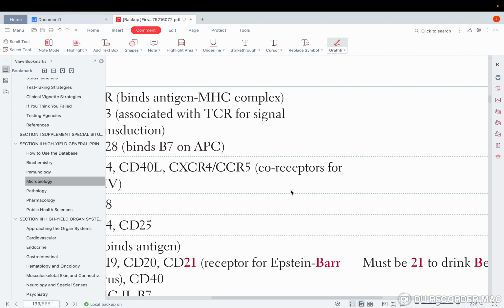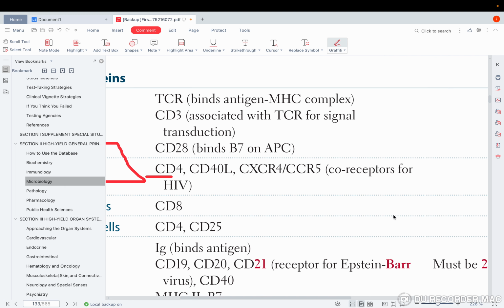Keep in mind that this CD4, yep, the HIV receptors, how the HIV goes and binds to the cells using CXCR4 and CCR5. So I have a question. So this HIV binds to this receptor, and after binding to this receptor, it goes inside of the cell and infects it.